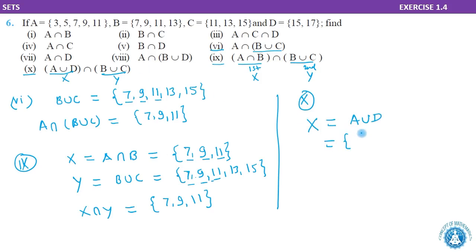A having elements 3, 5, 7, 9, 11, and D having elements 15 and 17.